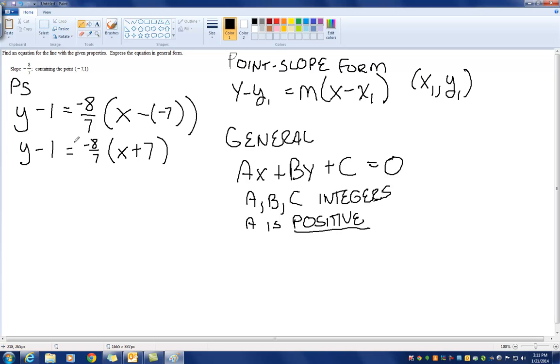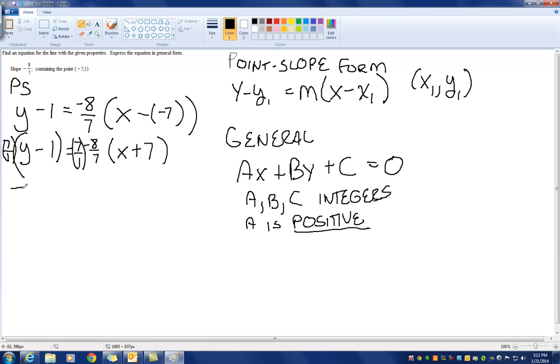If we multiplied this side of the equation by 7/1, that would make this not a fraction anymore. But just multiplying that side by 7/1 is not allowed. If we do something to one side of the equal sign, we have to do this to both sides. So multiply both sides by 7.